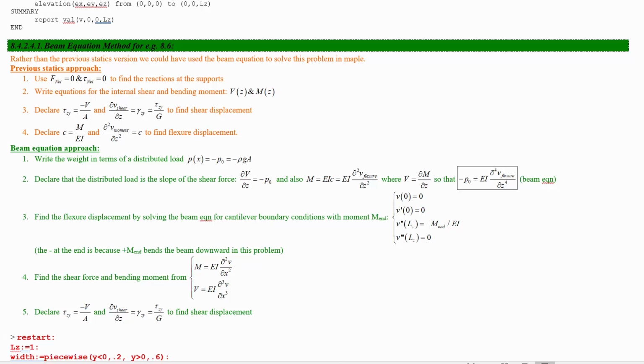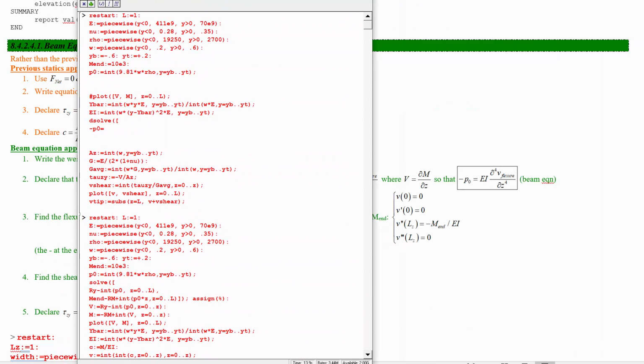So with respect to Z to the fourth. So here we go. We've got P naught is EI times diff of V at Z, V flexure meaning the bending one by itself, diff of V at Z with respect to Z 4 times.